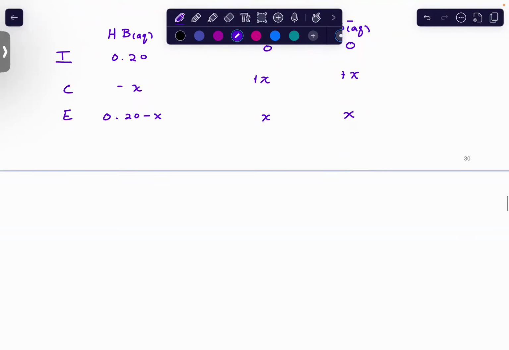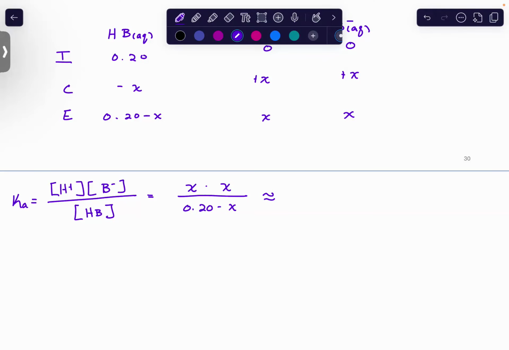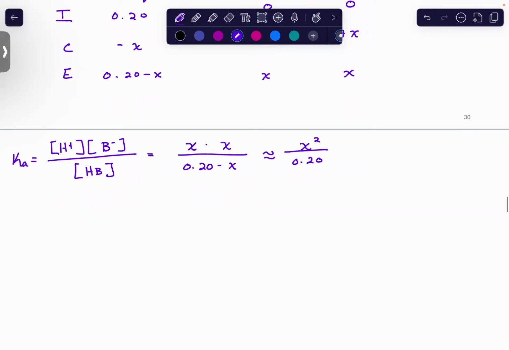Okay, so our Ka value. That's going to be x squared over 0.20, and that's going to equal 1.0 times 10 to the negative 10th.